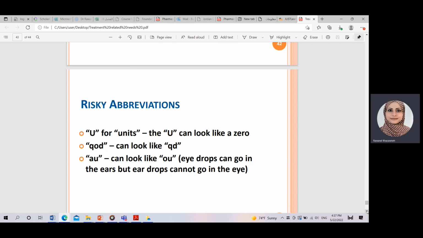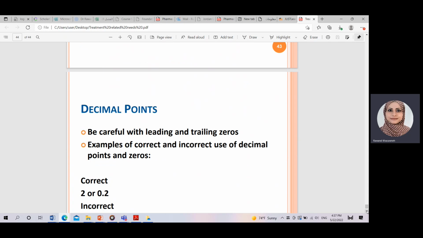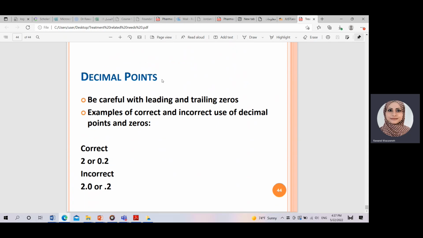The last slide also lists an example of the risky use of decimal points. You have to be careful with leading and trailing zeros when you are ordering medications using decimal points. Here are examples of correct and incorrect use of decimal points and zeros.